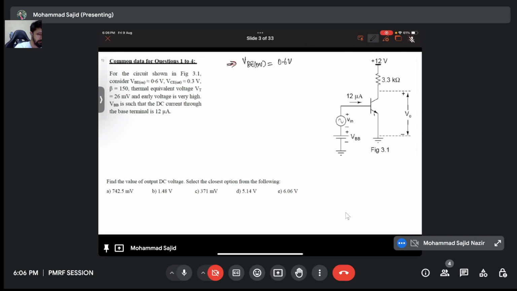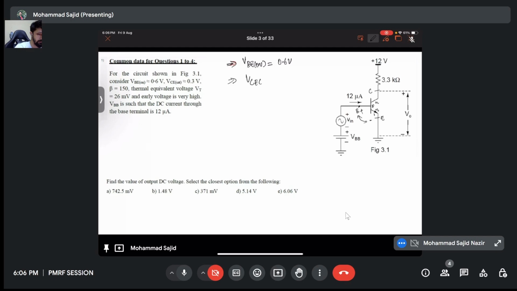It's easy, right? The arrow points in the N direction, so this is P, and this will be N. So this is NPN, which makes this terminal the collector, this is the emitter, and this is the base. So VBE is this voltage, right? VBE on is 0.6 volt.